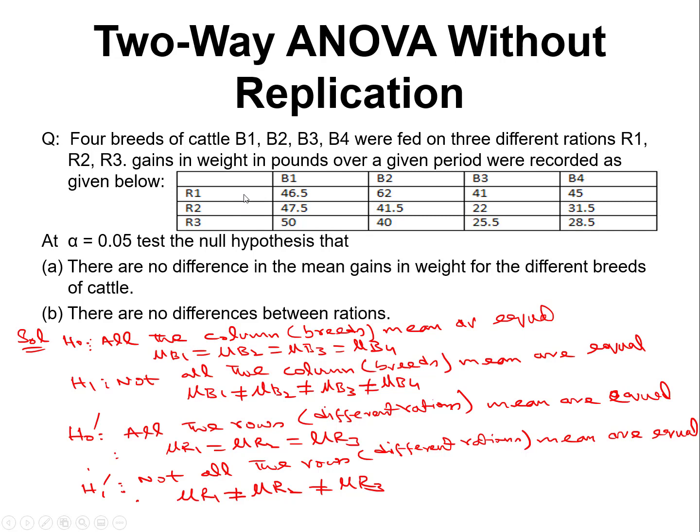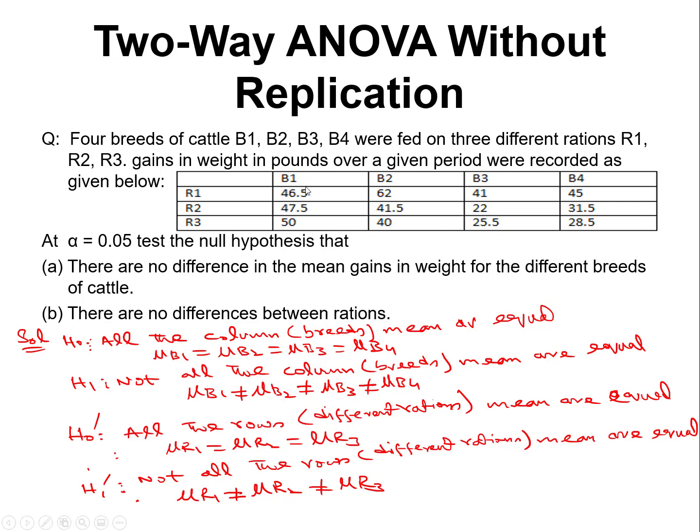So I hope you understand that we are not doing an interaction between R1 and B1. We are doing R1 with weight, R2 with weight, R3 with weight, and breed B3 with weight. So we are not doing an interaction. That is why it is called without replication.